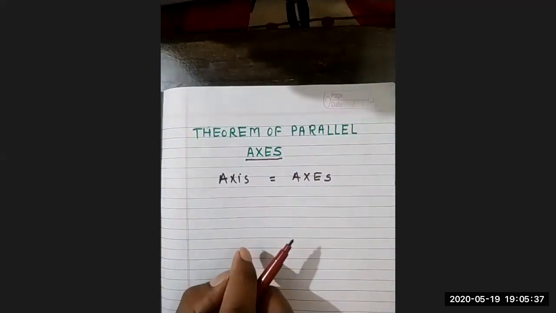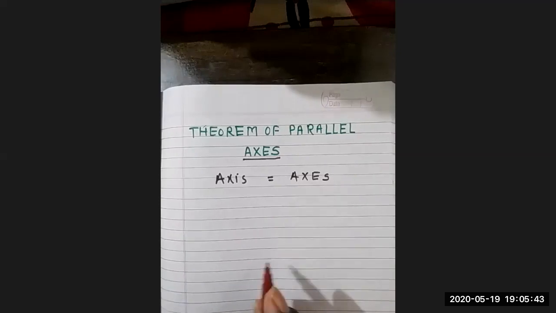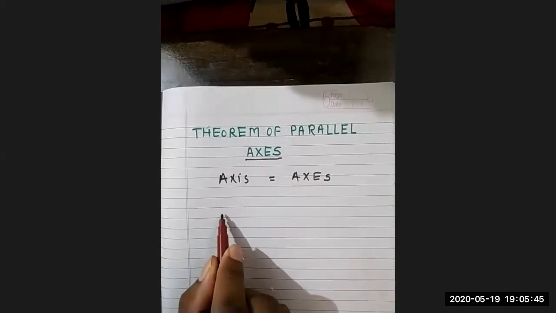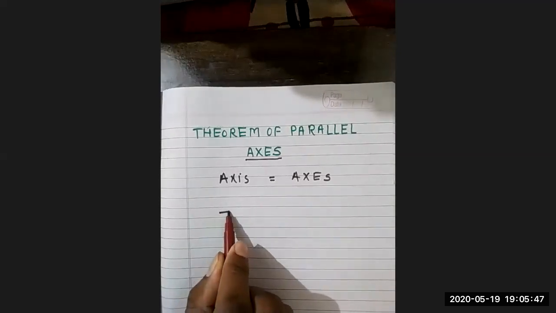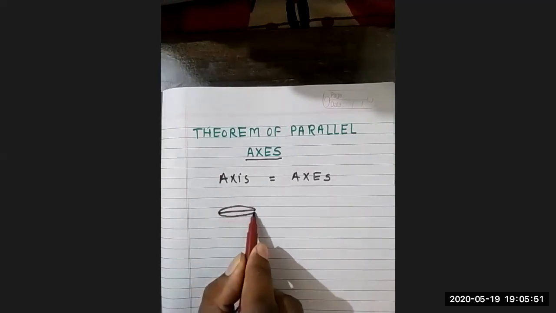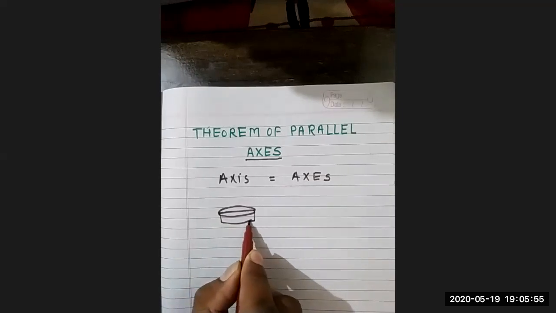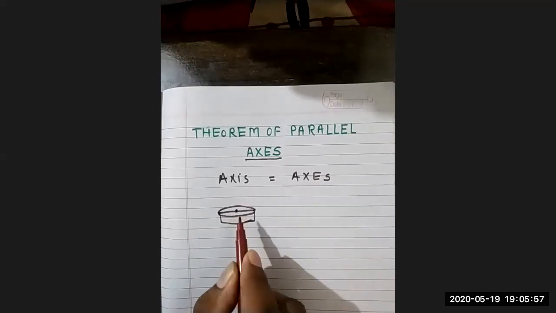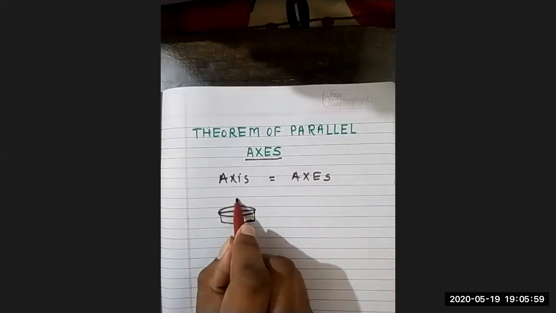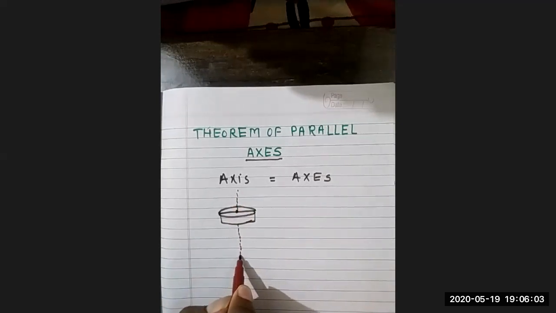Now, what exactly do we want to use this kind of theorem for? For example, let's take an object like a disk, and we are going to rotate this object along this axis.